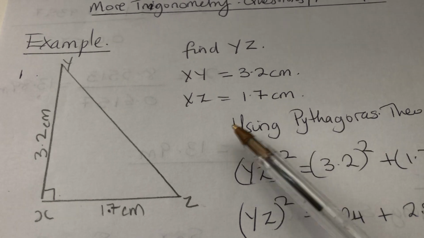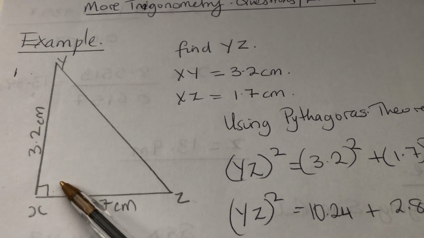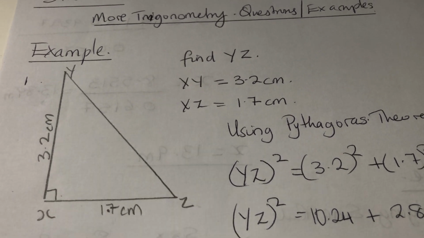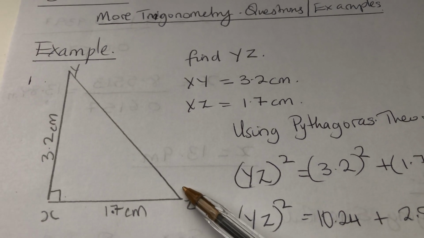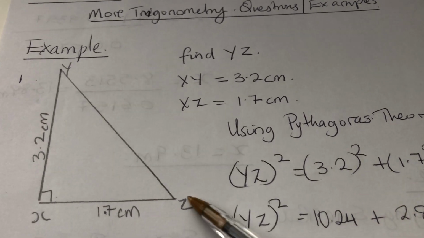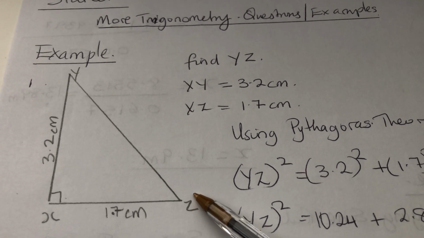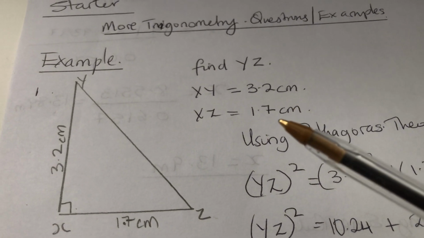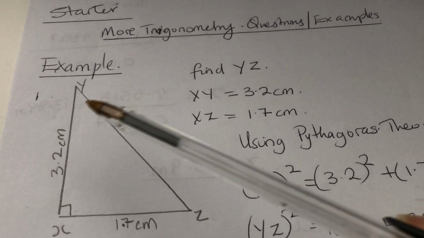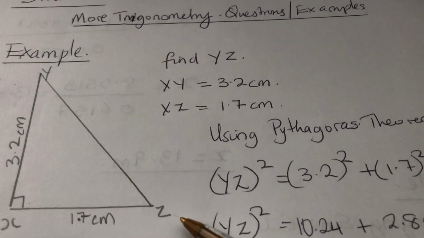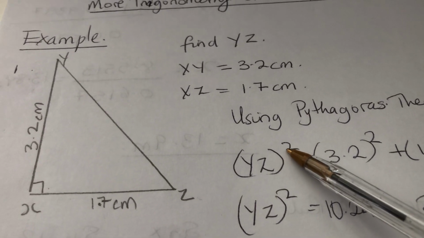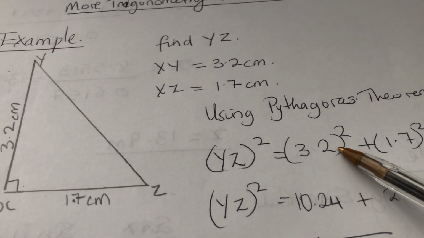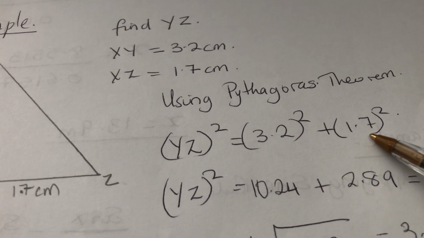So here, the first example, we have a right angle triangle with x, y, z, and they said we should find yz. How do we find yz? We have to use Pythagoras, because yz is the hypotenuse. So yz all squared will be equal to 3.2 all squared plus 1.7 all squared.